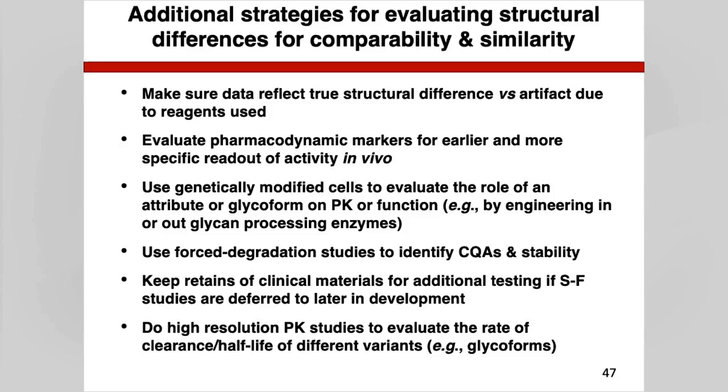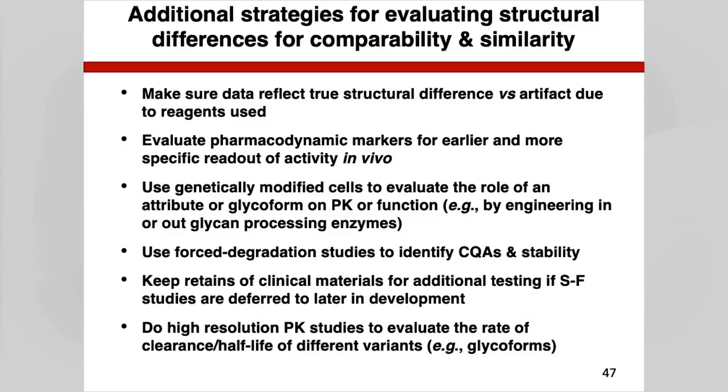First and foremost, you need to determine whether the structural difference that you're seeing is an actual difference or whether this is an artifact due to some element of the method being used, maybe an artifact due to the reagents being used. So make sure a difference that you see is true, oftentimes using orthogonal methods.